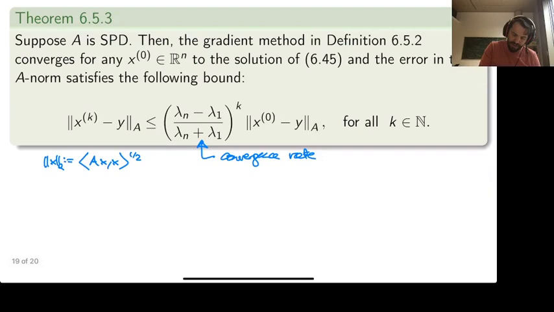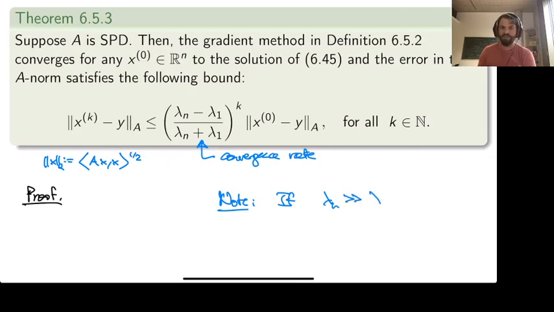So the proof now, I'm gonna prove that this is true, that this gradient method does converge, and that we have this rate. But one thing I want to observe already straight away is that if lambda_n is much bigger than lambda_1, and we will see that in an example later.